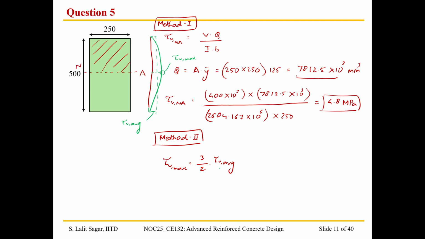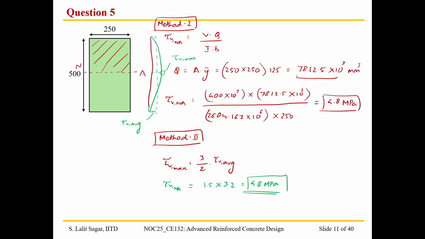So we already found out the tau V average. So tau V max, or tau V neutral axis, is equal to 1.5 into 3.2, which gives us the exact same answer, that is 4.8 MPa. But please keep in mind that this is applicable only for determining the shear stress at the centroidal axis.